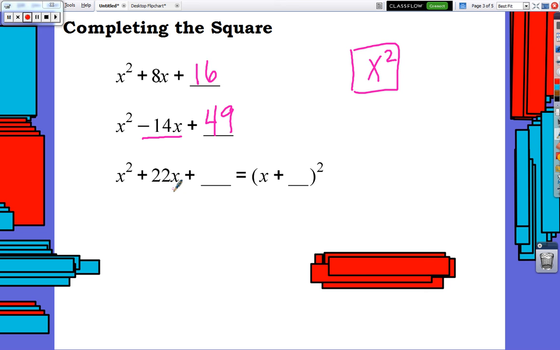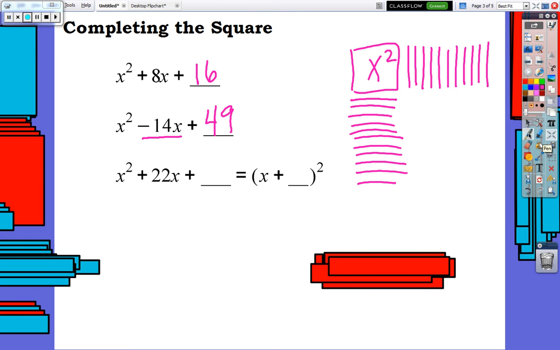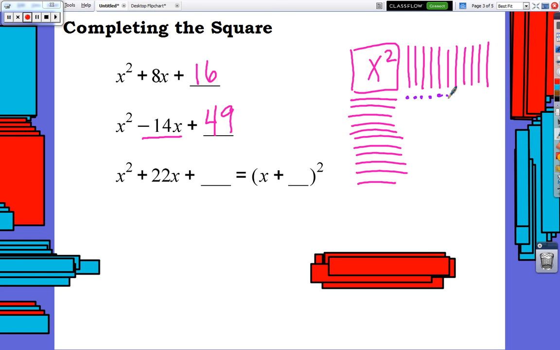So that's a lot. That's going to be 11. 1, 2, 3, 4, 5, 6, 7, 8, 9, 10, 11 by 11. You could sit and draw all of the dots if you wanted to.